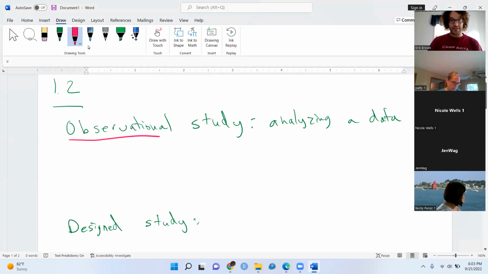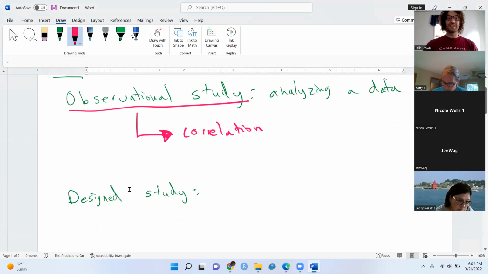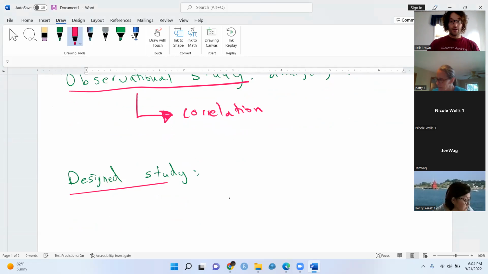The key point of an observational study is that for any comparison between two variables, we can only claim correlation. We can only say we see a connection here. We can't say that smoking cigarettes caused this or that. Too many lurking variables. Whereas with a design study, we can claim causation because we controlled for all the lurking variables.